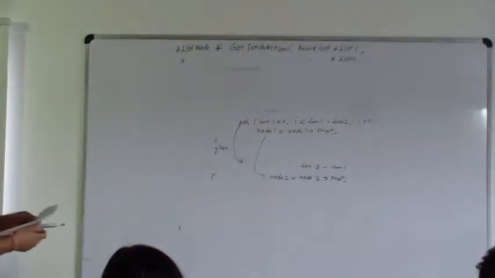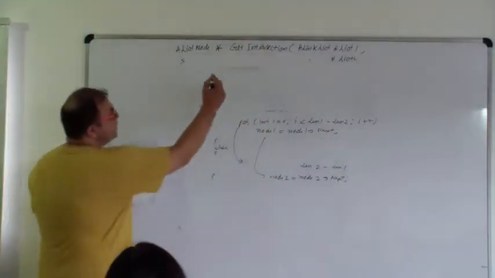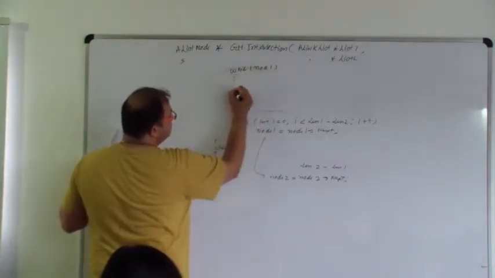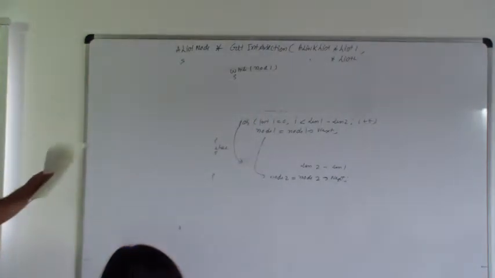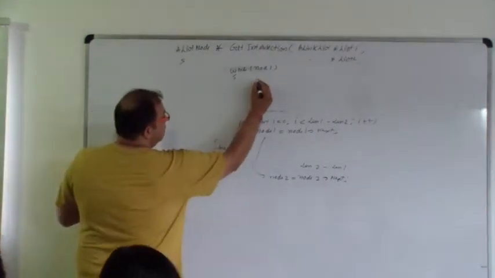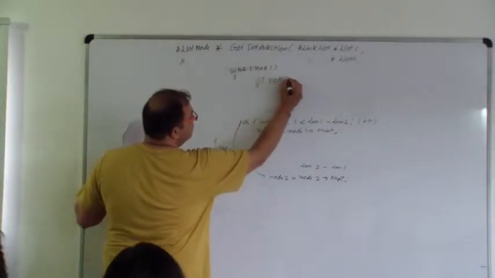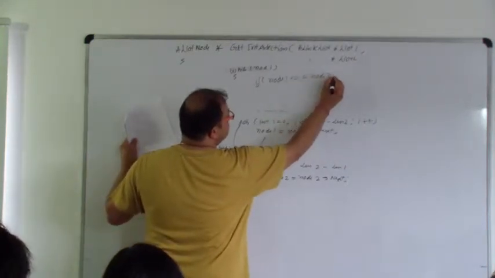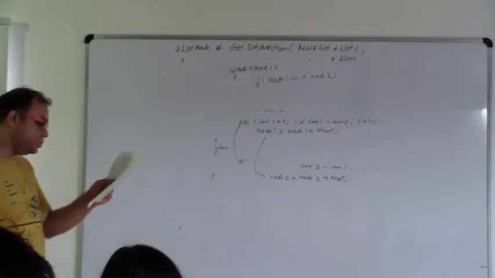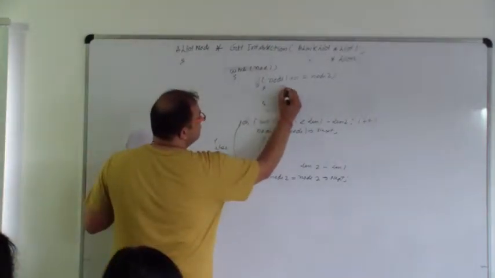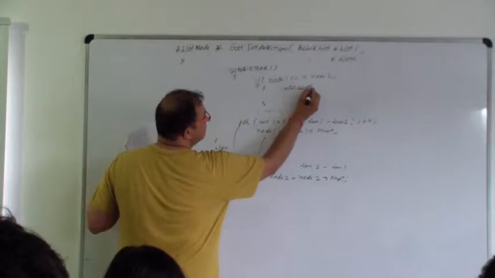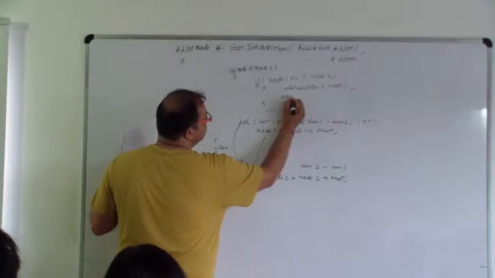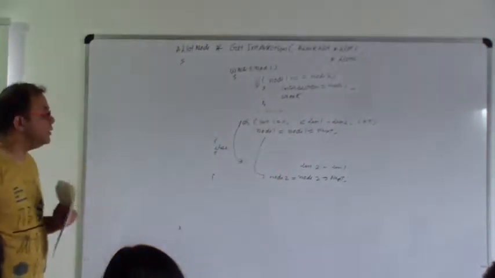Okay. Anyways, so that has happened, and then what we will do is, while node1 exists, if node1 is equal to node2, then intersection is equal to node1 or node2 or whatever, and we break out of this loop.